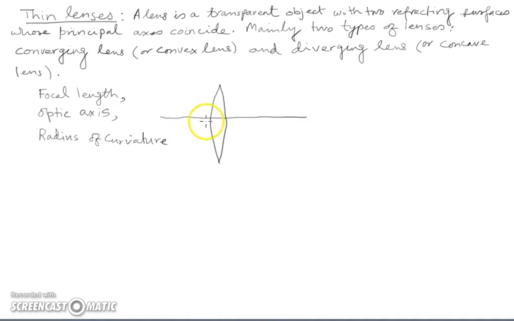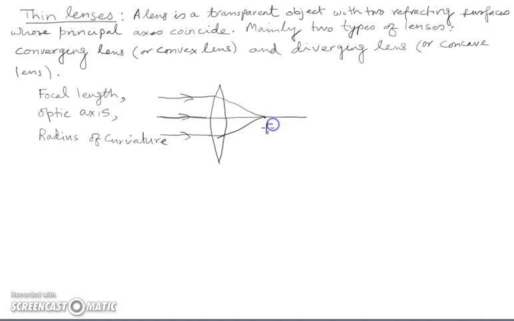This is my common principal axis, and if I have a parallel ray, a collimated beam, falling on this convex lens, after passing through the lens they all tend to focus at one point, right? And this point is called the focal point.